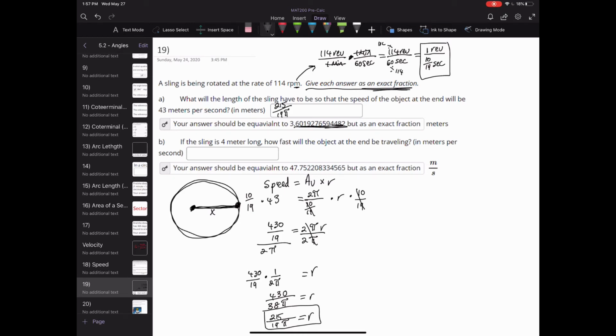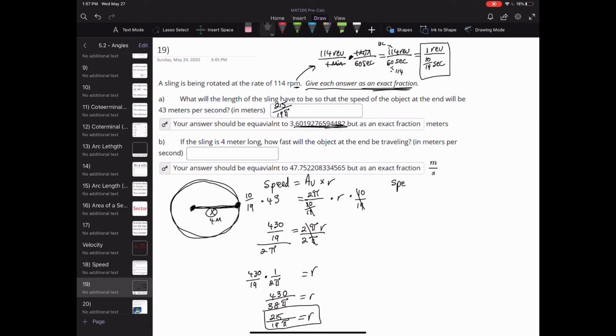If the sling is 4 meters long, so now they're saying, if this was 4 meters, how fast will the object at the end be traveling? Okay. So again, we're going to use the same formula.